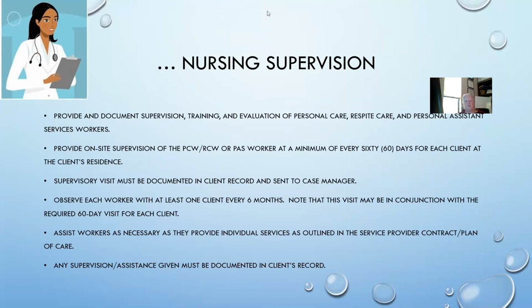You can do those in conjunction with each other. You can just schedule those at the same time. The nurse must assist workers as necessary as they provide individual services as outlined in the service provider contract and plan of care. And any supervision assistance must be documented in the client's record.